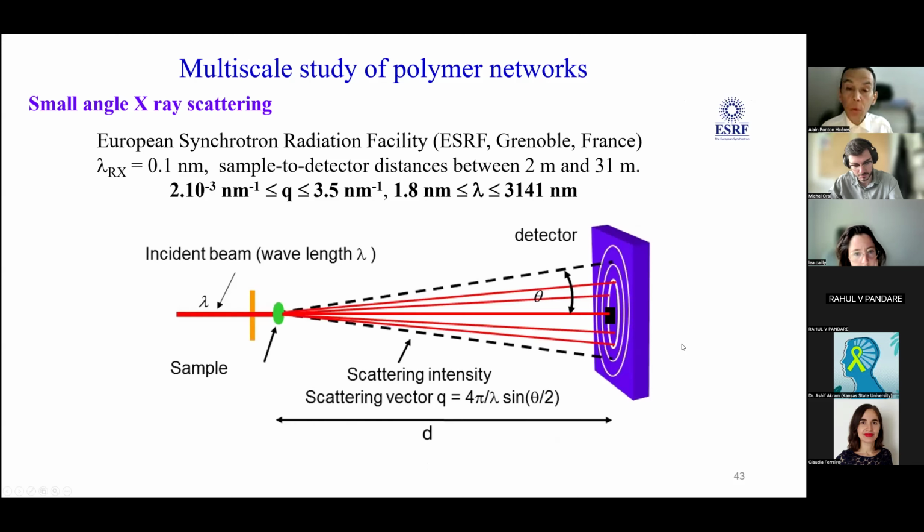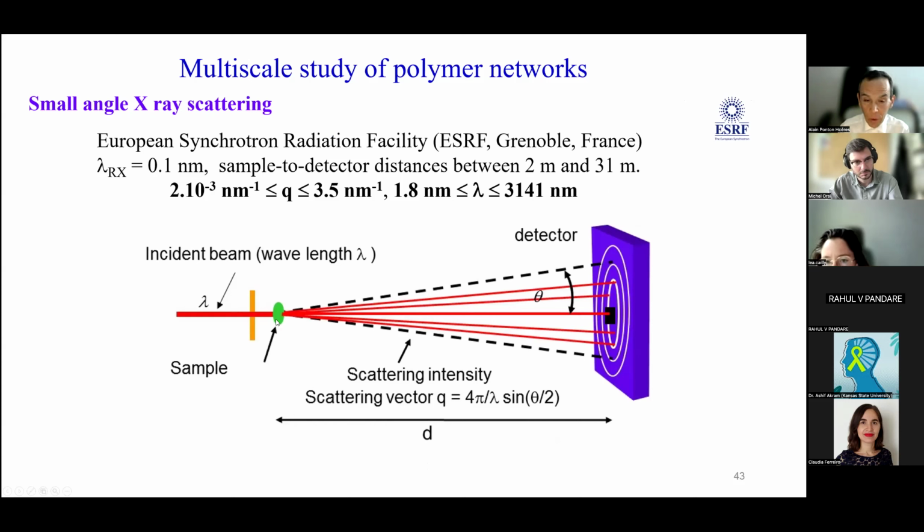And if you also want to obtain some direct information on the structure of a material, typically you perform scattering measurements. At this scale, the most efficient experimental technique is small angle X-ray scattering.